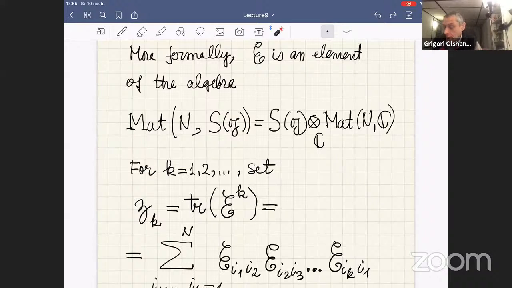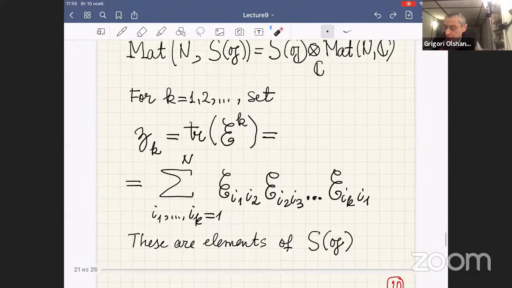And what we get from this definition is this k-fold sum of this type, E_{i1 i2}, E_{i2 i3}, and in the end, E_{ik i1}.